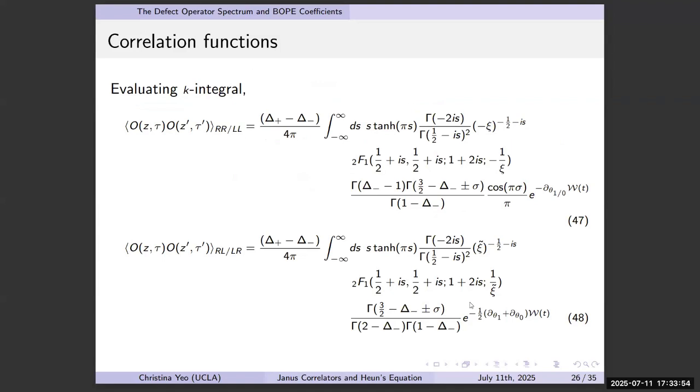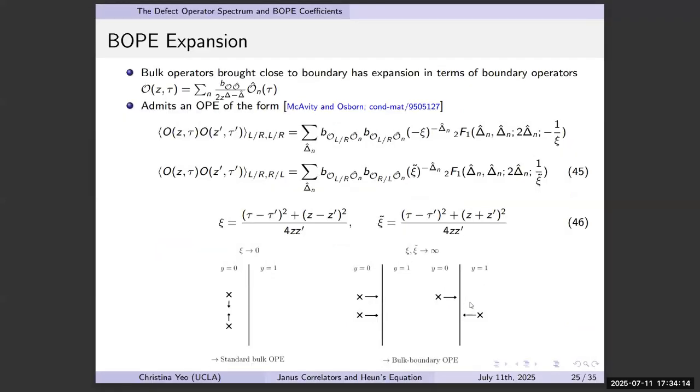So instead of evaluating the S integral, which isn't readily computable, we integrate out the K by doing a Fourier transform and using some transformation rules for hypergeometric functions. And this is the form we get. At first sight, it looks a little unwieldy, but if we compare it to here, well, there is our 2F1 hypergeometric function, and this factor and the coefficients here.